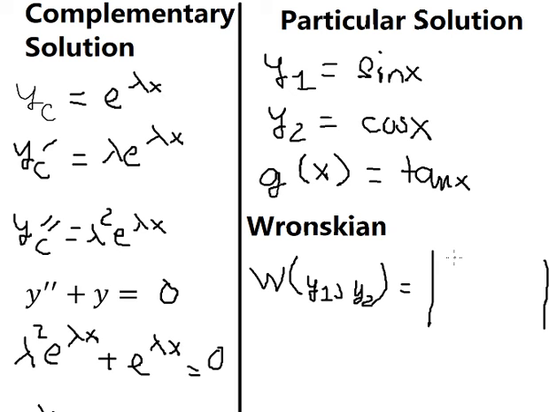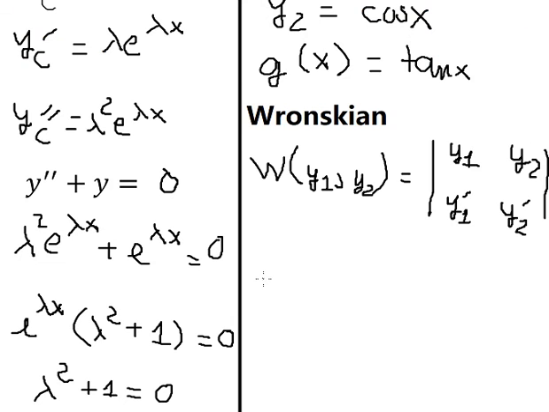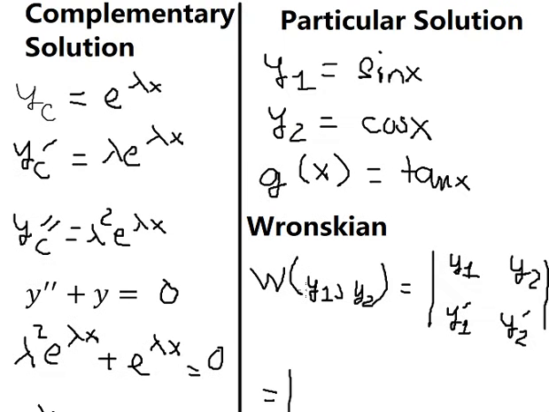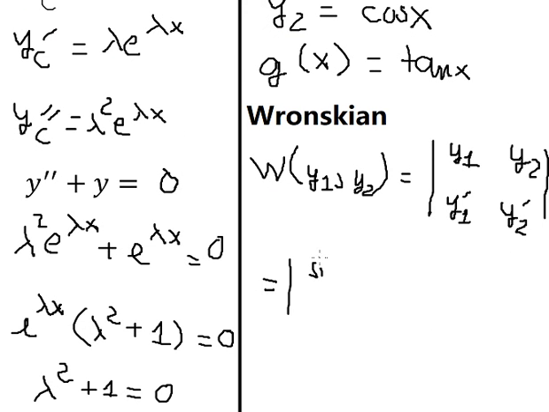So we have y1 we put in here, y2 we put in here, the first derivative of y1, and the first derivative of y2. So y1 we have sin x, y2 we have cosine x. The first derivative of sin x, you get cosine x. The first derivative of cosine x, you get negative sin x.